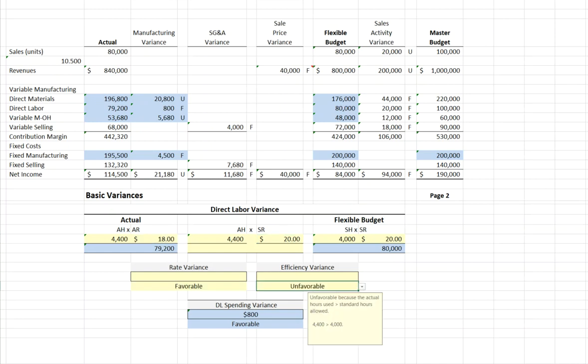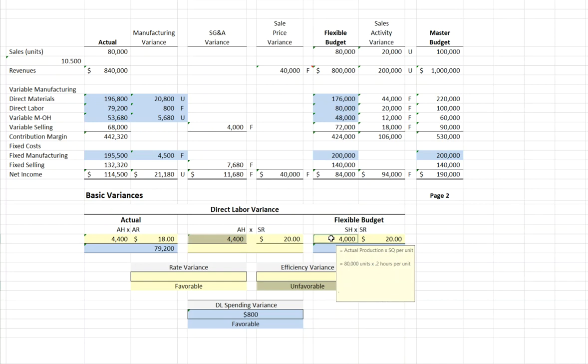Our efficiency variance, which is basically the same thing as a quantity variance, but we say efficiency and rate when we're dealing with labor versus price and quantity when we're talking direct materials. It is unfavorable because it took us longer, 4,400 hours, to produce our units than what it should have taken us, which would have been 4,000 hours. Calculating the center column, we've got $88,000.